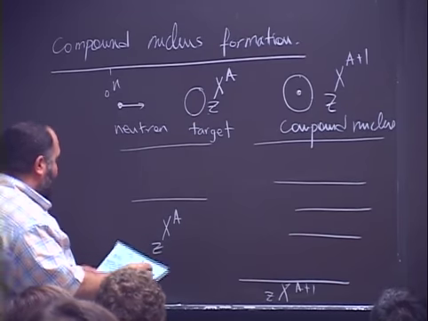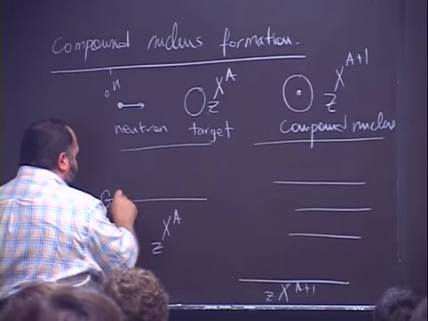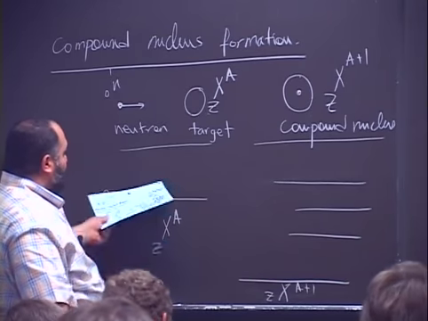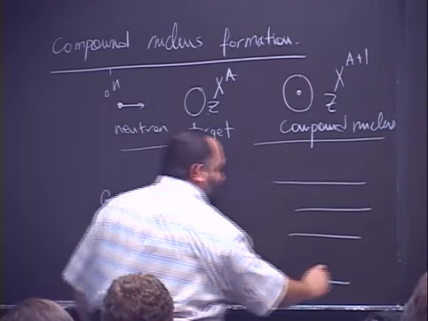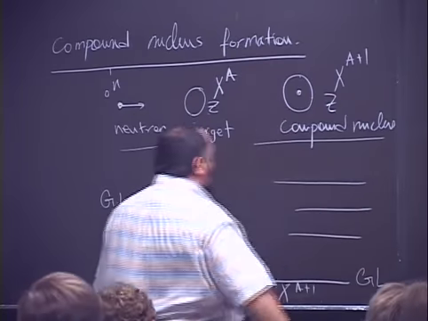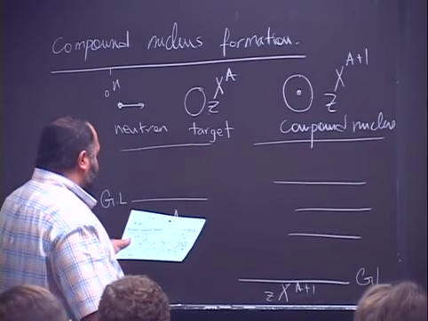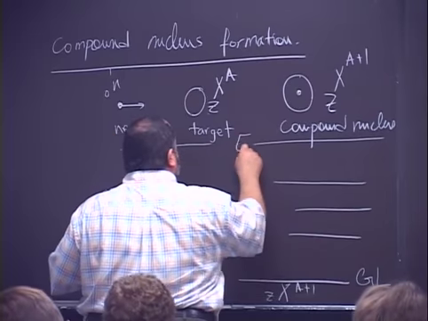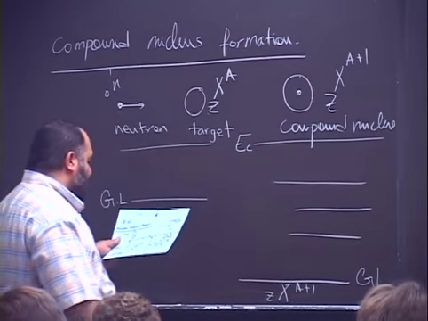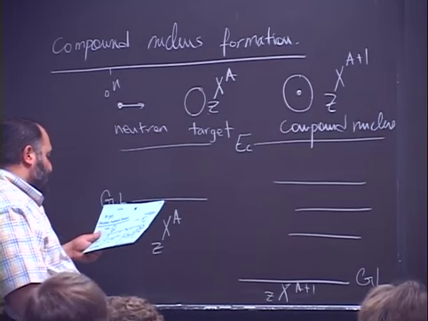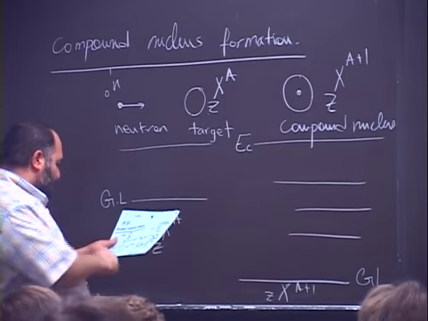In this case, this is the ground level for the target nucleus, and this is the ground level for the compound nucleus. The energy here we'll call E_C, the compound nucleus energy.